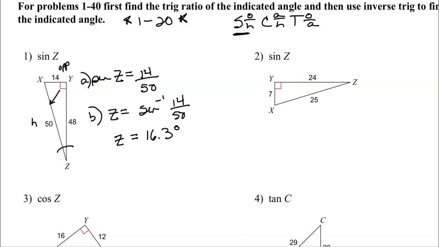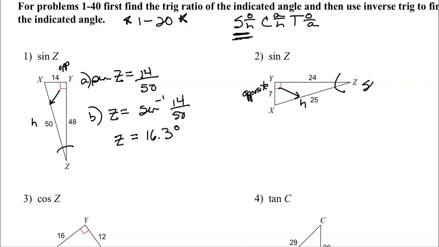Okay, let's keep going. The next one asks also for sine, and they want the sine of z. So the first thing I'm going to do is figure out where the hypotenuse is, and it's right here. Okay, from angle z's perspective, if I need sine, that's going to be opposite over hypotenuse. Straight across the triangle is the opposite.